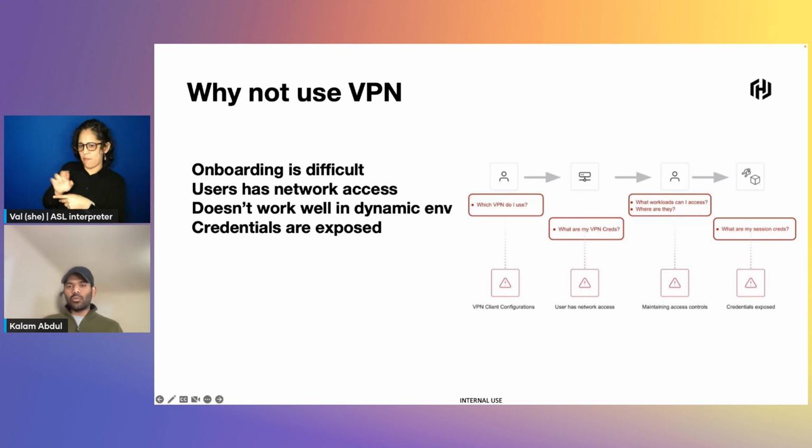And the last challenge with having the users connect to the target systems is maintaining the SSH private keys, and providing those to the end users. That's a big security risk, where if those credentials get exposed or compromised, then on top of that, you have to rotate those credentials.